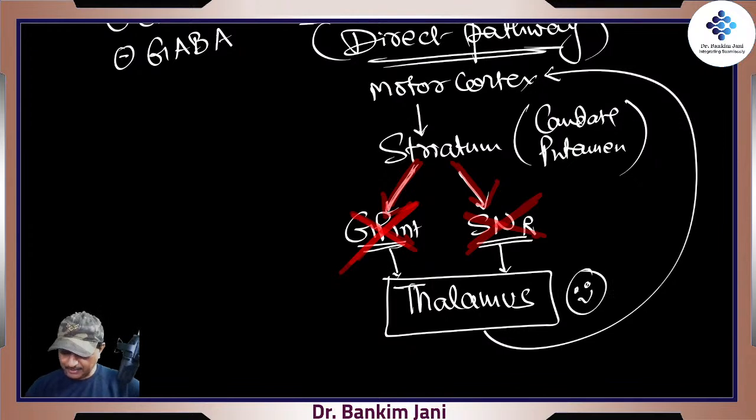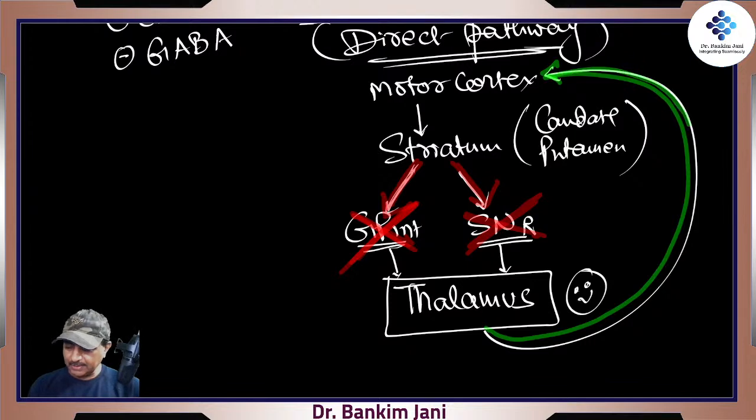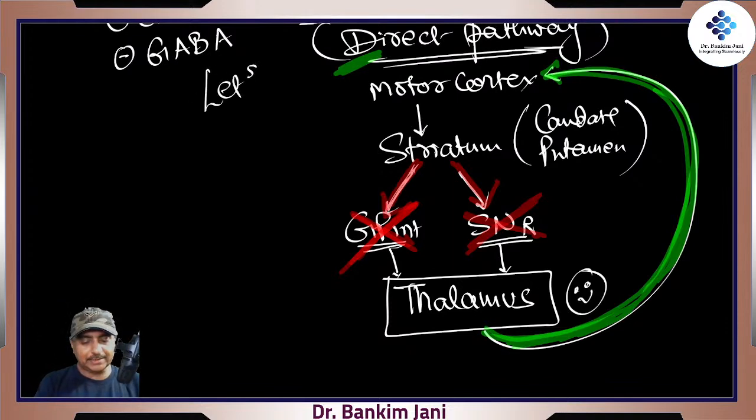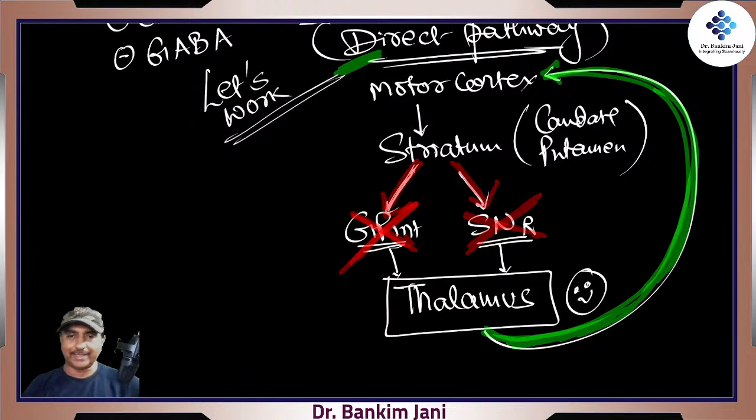And the thalamus will start sending the positive neurotransmitter and muscle contraction occurs. So basically the direct pathway is for movement. Let's walk. Last time our motto was let's work. So let's work is the phrase for the direct pathway.